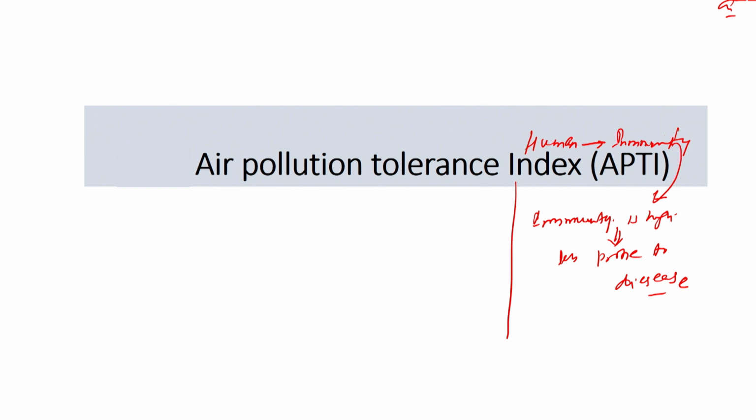A perfect example is the COVID time, when we discussed that persons with very high immunity power sustained COVID, and those who didn't have this immunity power could not survive, or were severely affected.